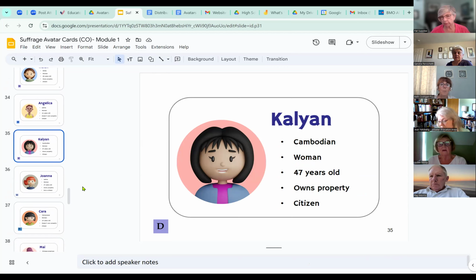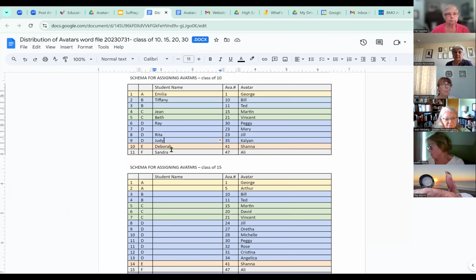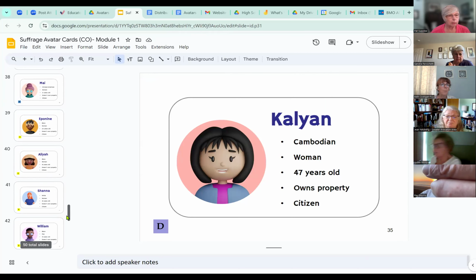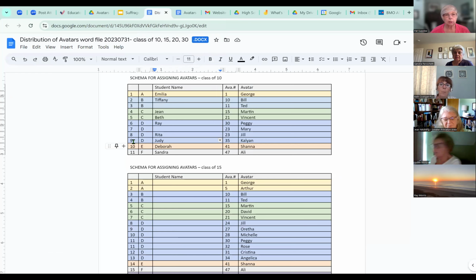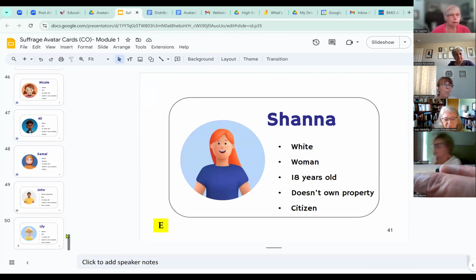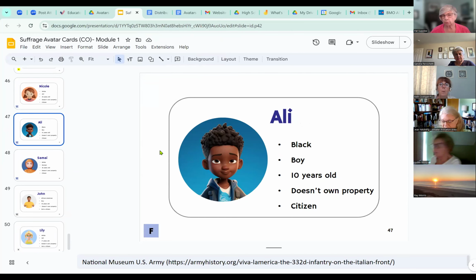So you're actually Cambodian American. Deborah, you're Shana. A white woman, 18, and you don't own property, and you're a citizen. And then finally, Sandra, you're Ali. So you're a Black boy, 10, you don't own property, and you're a citizen.